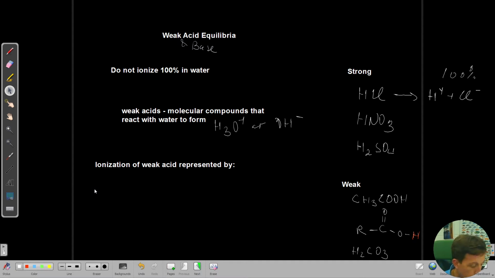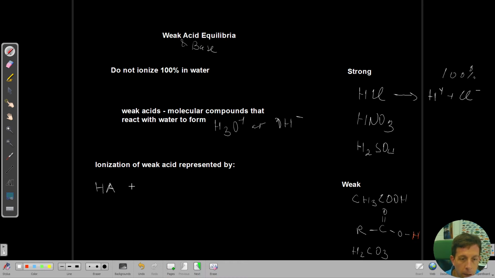The equation would be HA for the acid, where H indicates the ionizable proton in the molecule, say, for example, this proton in acetic acid, or one of these protons in carbonic acid.